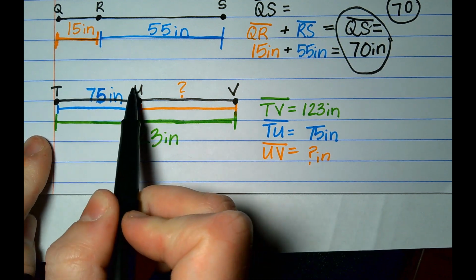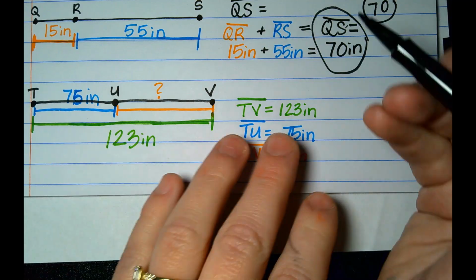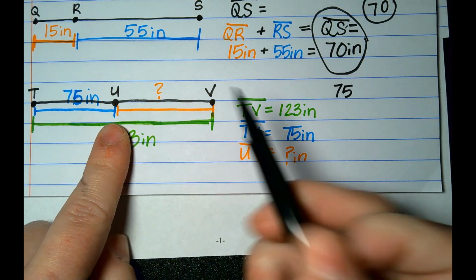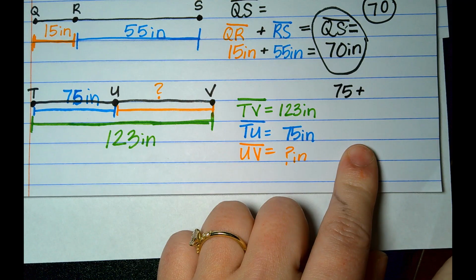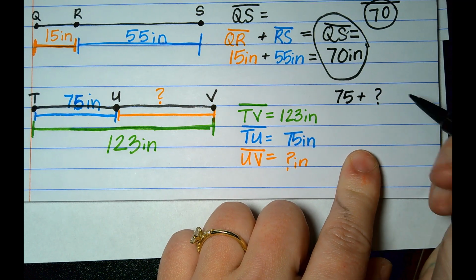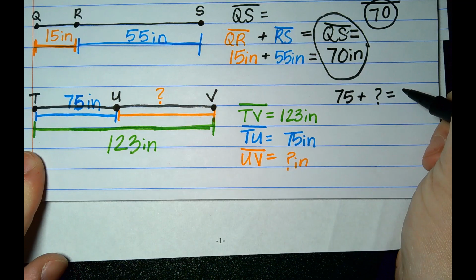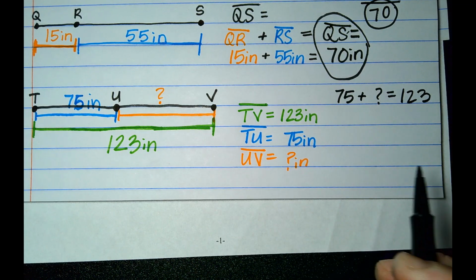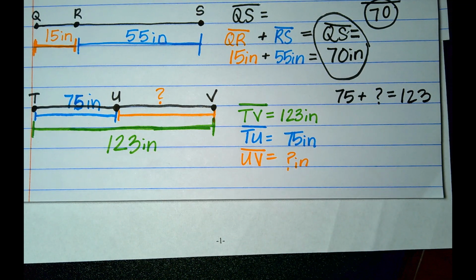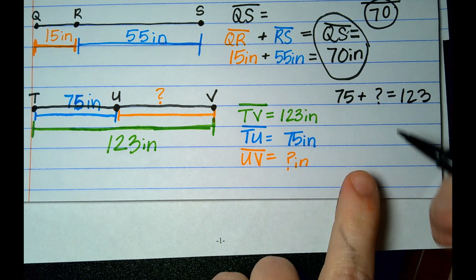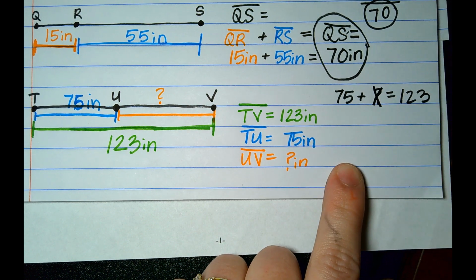So TU is 75 plus UV, we don't know, question mark, equals TV, that whole 123. What you just did without doing it is basically we set up an equation and we solved for X.